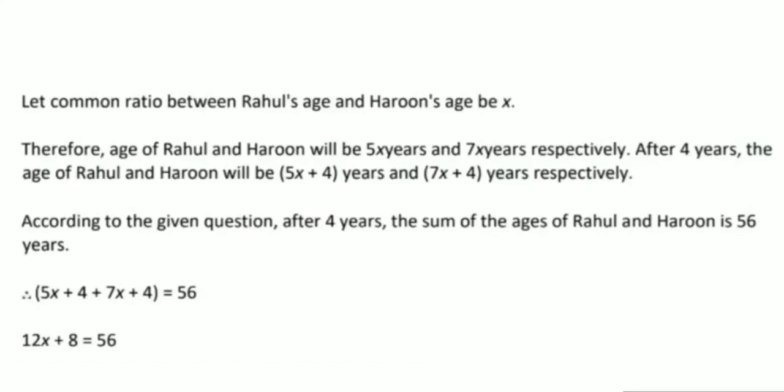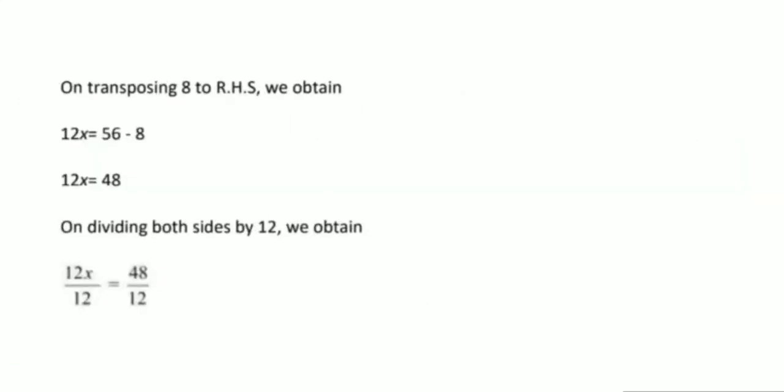So 5x plus 7x is 12x and 4 plus 4 is 8, is equal to 56. Now on transposing 8 to the right hand side, we obtain 12x is equal to 56 minus 8. 56 minus 8 is 48. So 12x is equal to 48.